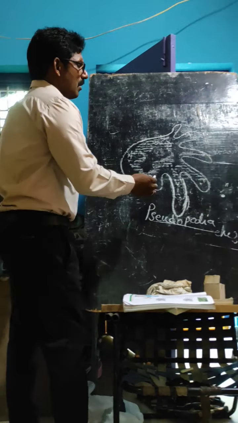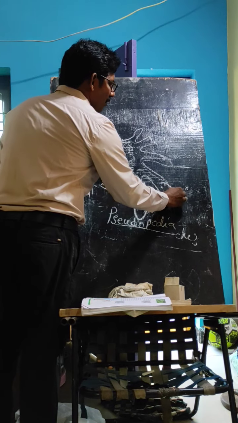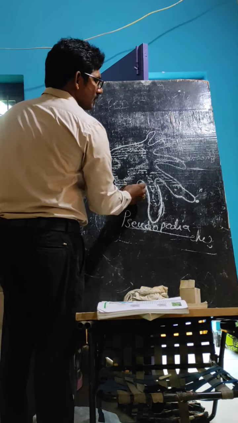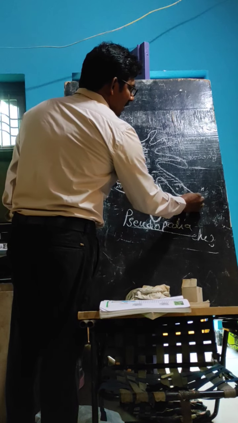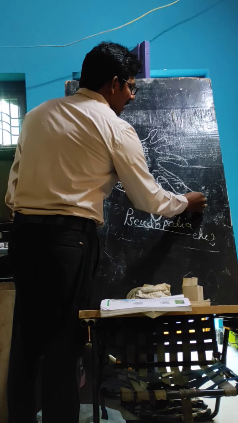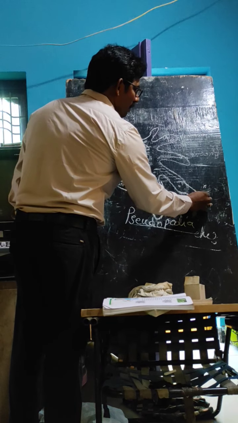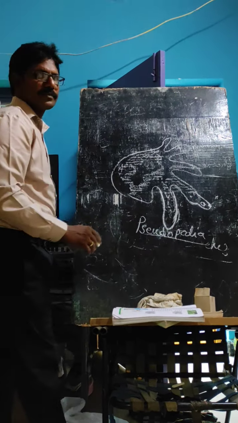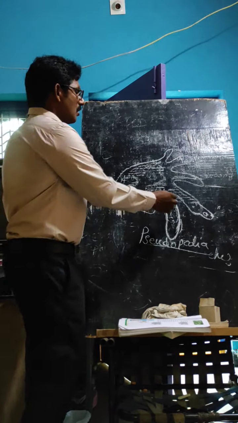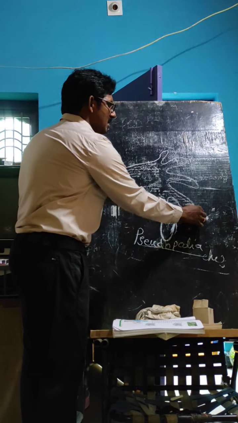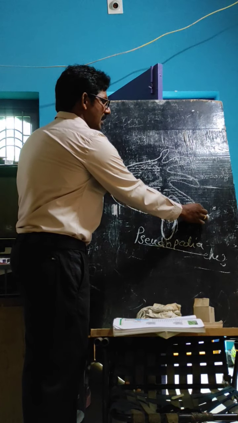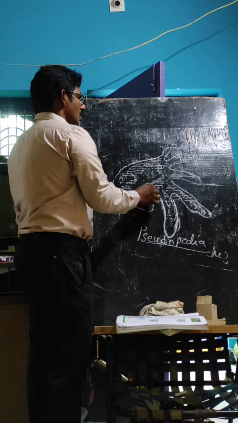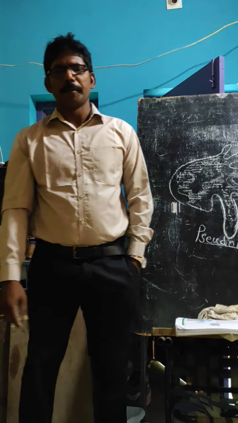Whenever amoeba finds food material, the pseudopodia extend like this, a hole forms, and a food vacuole forms. It catches the food and takes it inside. Then the food vacuole releases some enzymes and breaks down the food material, and then it is mixed into the cytoplasm and spread throughout the body of the amoeba.